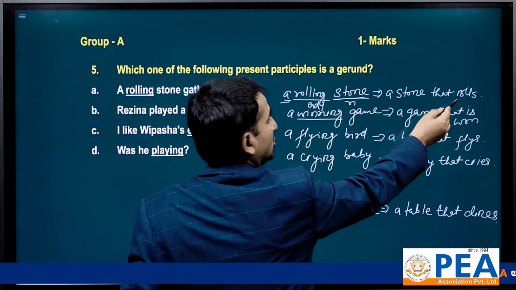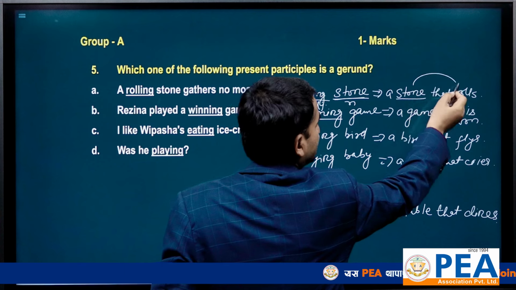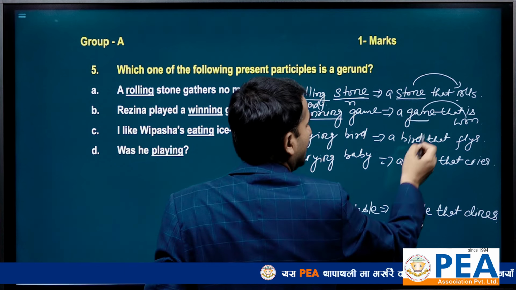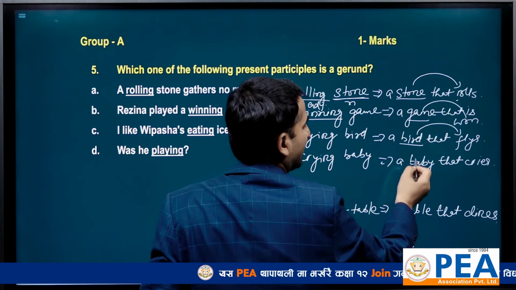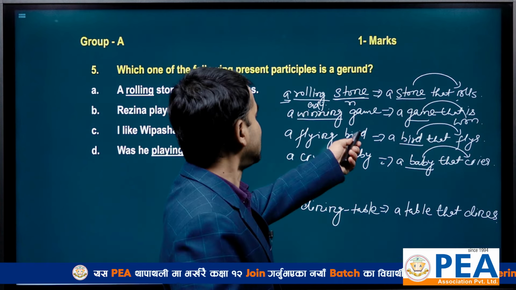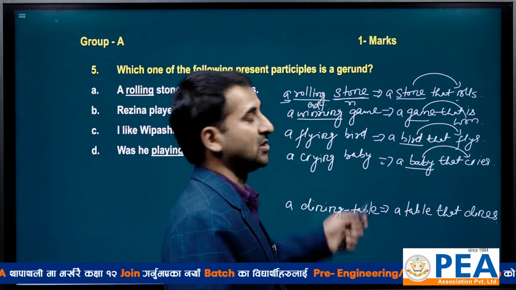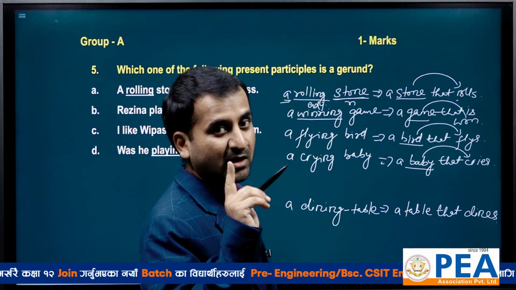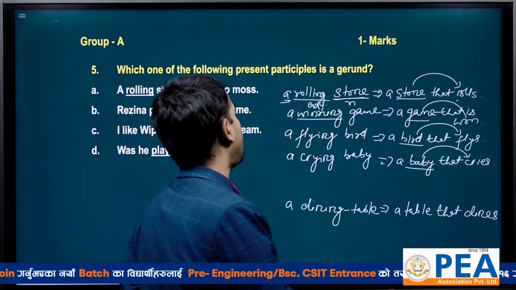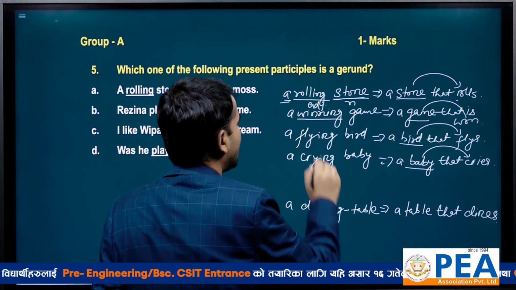A stone that rolls, a game that is won. So the stone rolls, the game is won. A bird flies, a baby cries. This function should be done by this noun. That is the final condition to become an adjective. And all these have fulfilled this criteria, so all these are adjectives.